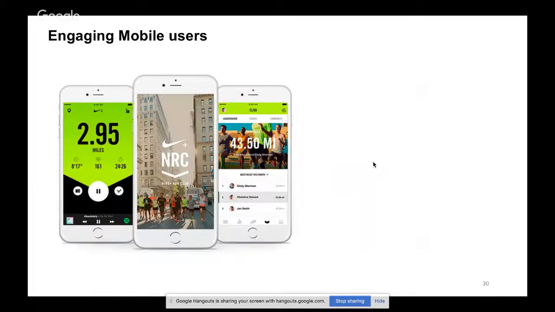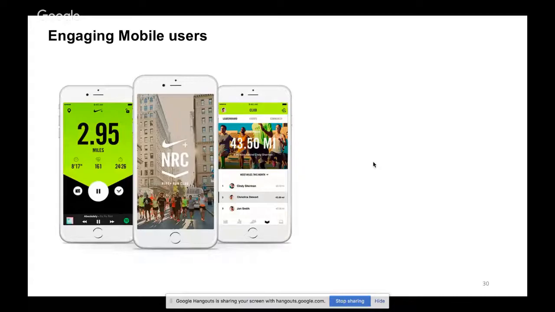Okay, so let's now look at the bottom right corner, where we have high need to engage with the customer and low need to monetize. Like I said, one great example for this cluster is Nike Plus.